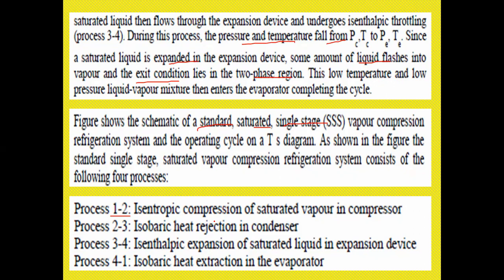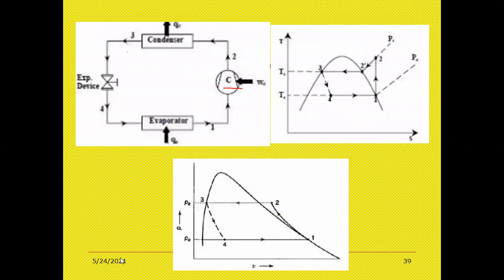Next, see here. From 1 to 2, the work is done in the compressor, the refrigerant is passing from the compressor to the condenser. From the condenser it is going to the expansion device.